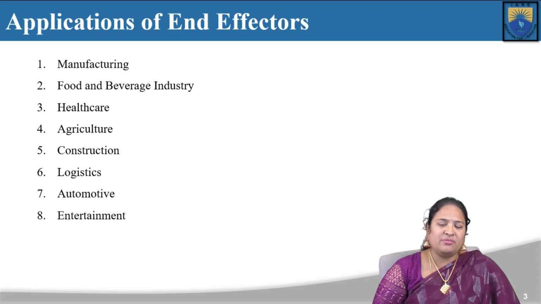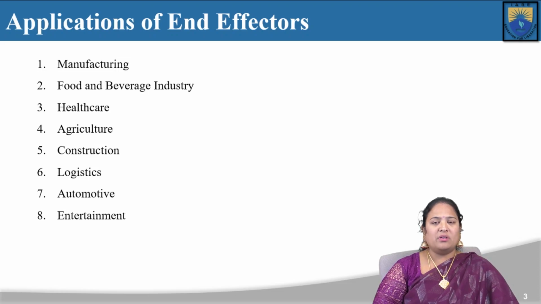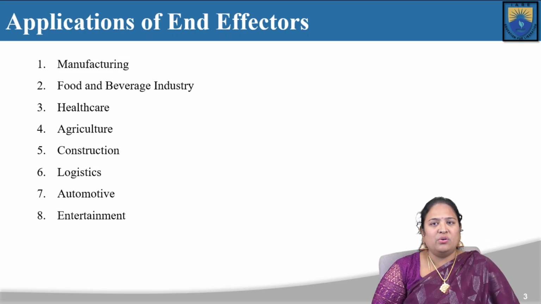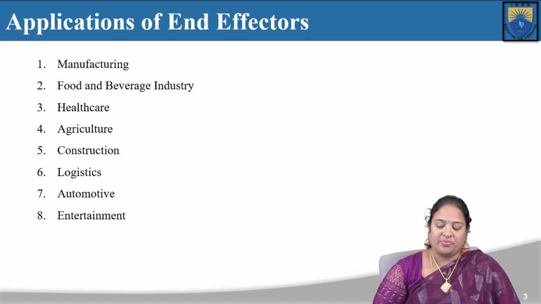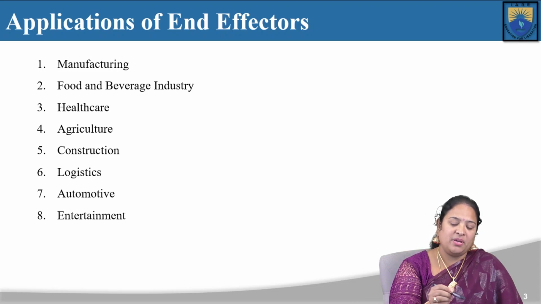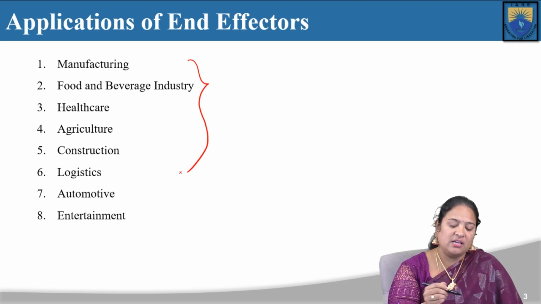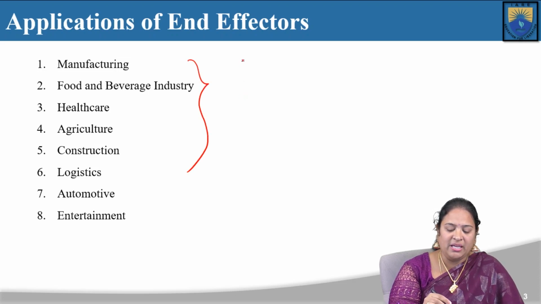In these various applications, we are using robots. So when these robots are used in different sectors, depending upon the application, the robot end effector system will be changing. Depending upon the type of the applications, the robot's end effector will be changing.